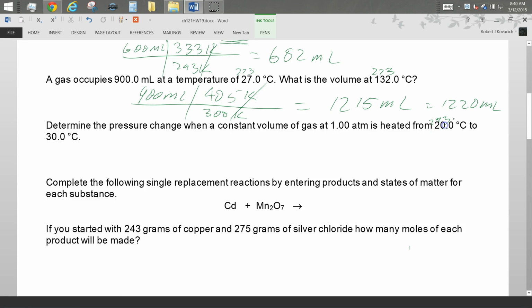So 273 and 273. So 1 ATM. And so 303 and 293. Yeah, 1.03 ATM.